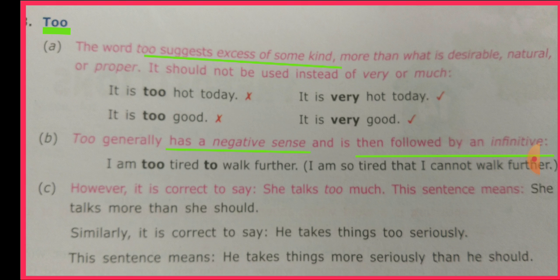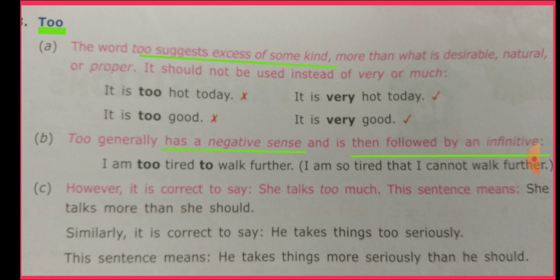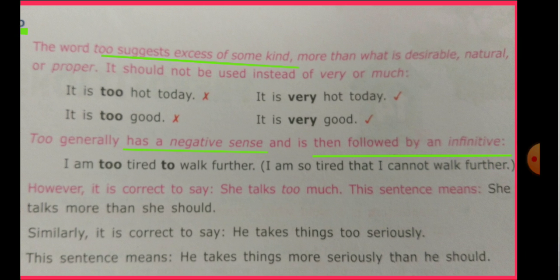Too generally has a negative sense and is then followed by an infinitive. Infinitive means verb first form with to or without to. I am too tired to walk further. In a negative sense we are using it. However, it is correct to say that she talks too much. This sentence means she talks more than required. So in a negative sense or excess of some kind we will use too.